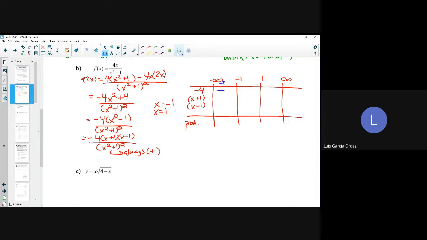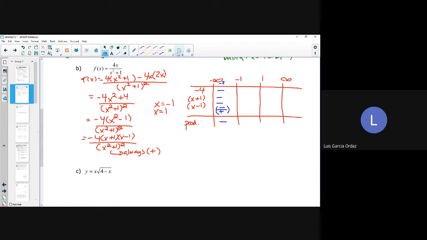So negative 4 will always be negative. This will be negative, and x minus 1 will be negative. And remember that my denominator will always be positive. So I technically have a negative number in my numerator, and dividing it by a positive number, negative divided by positive gives me a negative.